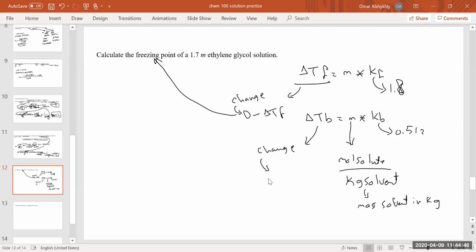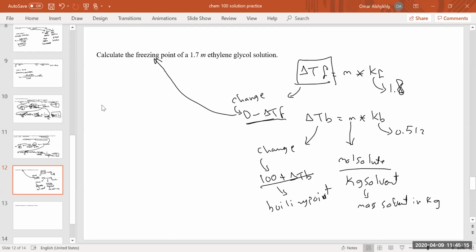So it's going to be 100 plus delta T sub B to represent the boiling point. Be careful what they are asking. Sometimes they ask you the change, so that's the answer. But if they ask you for a specific boiling point or freezing point, you have to do the addition or subtraction. Okay, anyway, let's keep going working with this question.